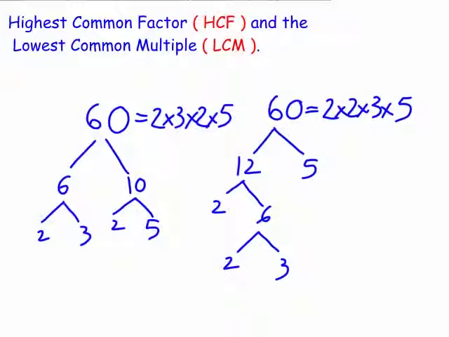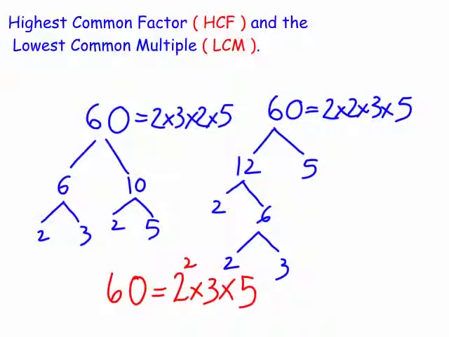So 60 would equal 2 squared times 3 times 5. We call this the prime factorization of the number. Okay, 60 is 2 squared times 3 times 5.